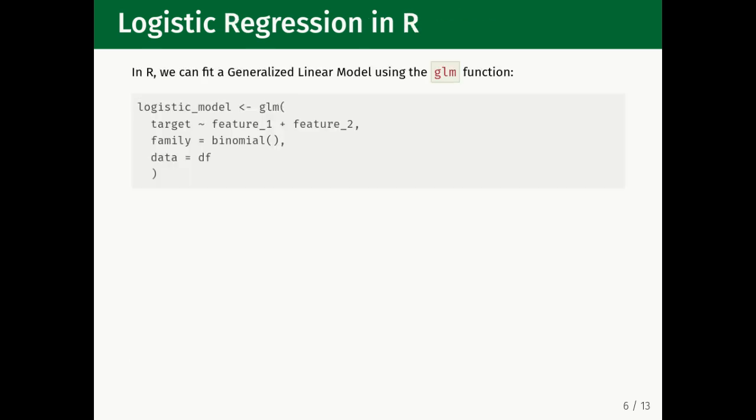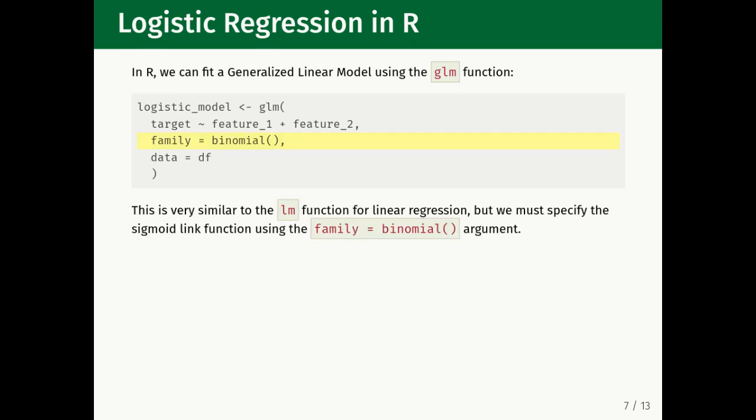We can create a logistic regression function in R using the GLM function as you see here. The GLM function is very similar to the LM function that we have used to create a normal linear regression. The first argument is the formula. This is the same as in the LM function and says how the binomial response variable, which I've called target, is related to the predictor variables, here called feature 1 and feature 2.